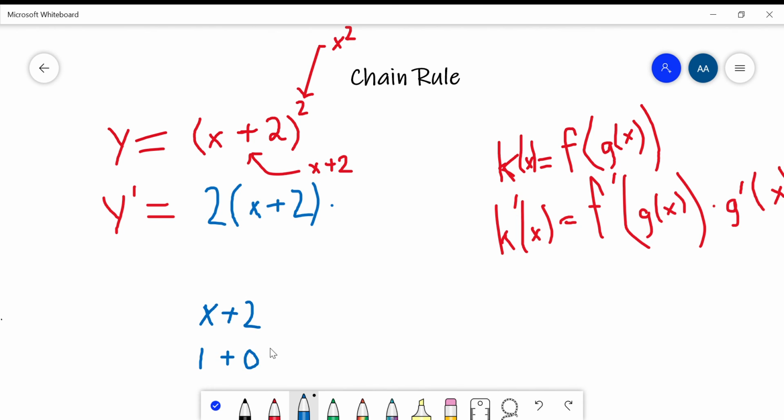So 1 plus 0 is 1, and then this thing over here is just 1. So we get 2 times the quantity x plus 2, or you could write 2x plus 4 without the parentheses, and that is the equation for y prime. This was a shorter video, but I'm only covering one rule.